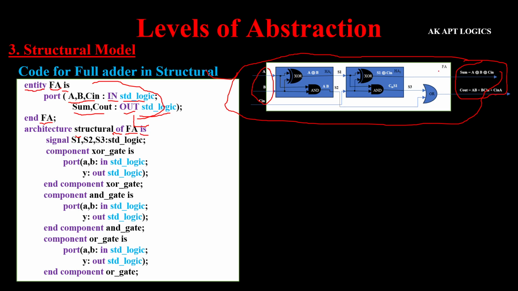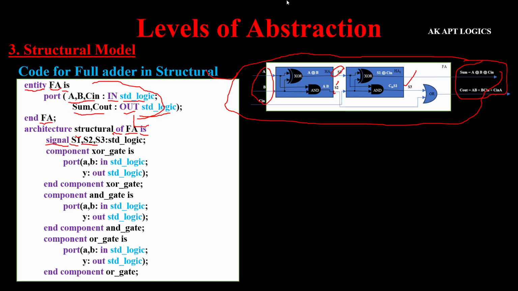So in this we require three intermediate signals, S1, S2 and S3, right? So I'm going to specify them as signal. Signal is a keyword, S1 comma S2 comma S3 colon STD logic. We shouldn't mention any input or output. That is because we can't decide completely whether the intermediate signals are inputs or outputs.